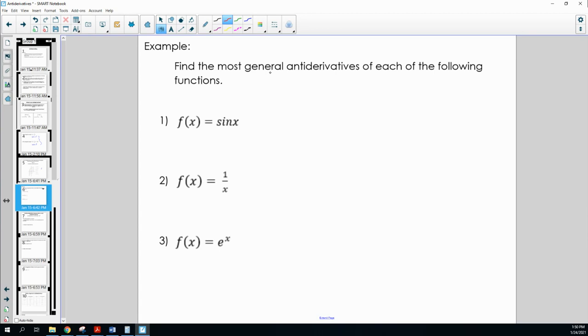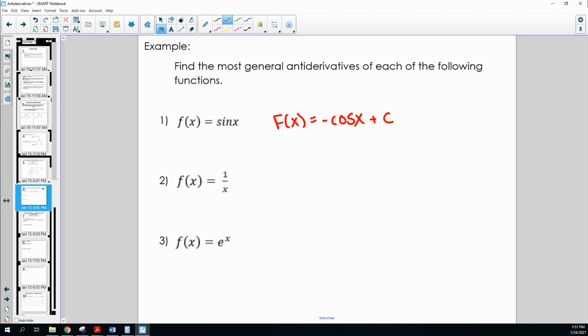We want to think: the derivative of what is going to give me sine x? So the antiderivative, big F of x, is going to be negative cosine of x plus c.